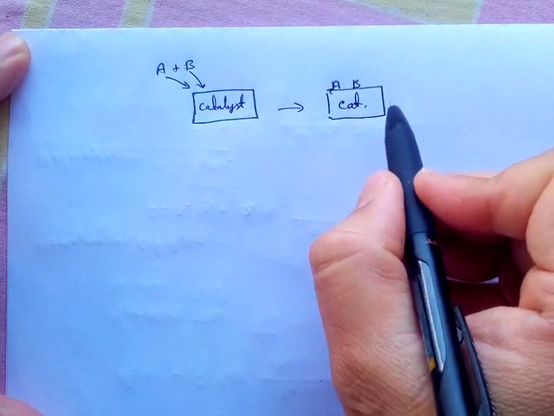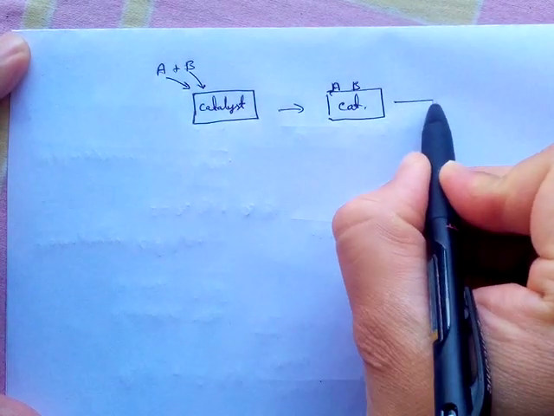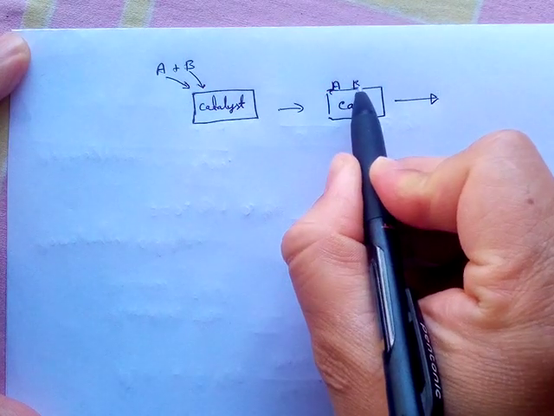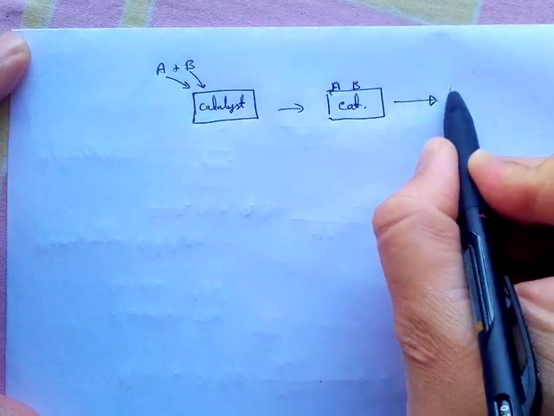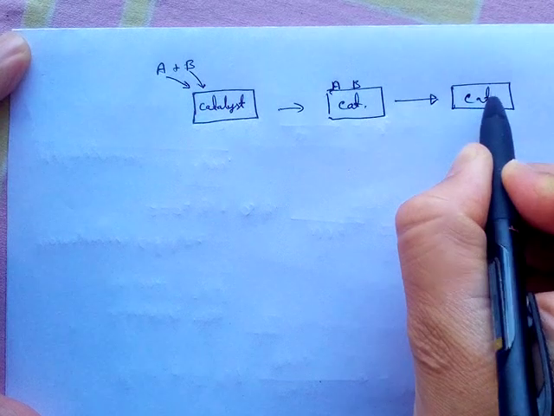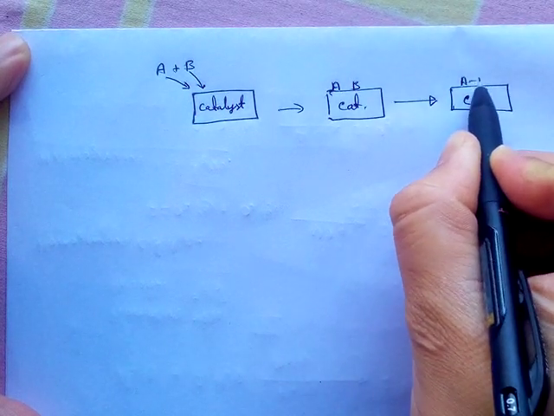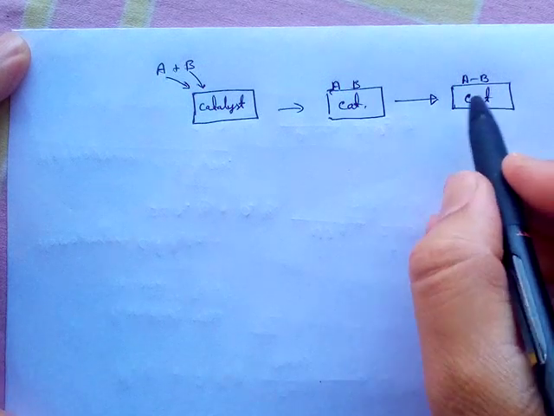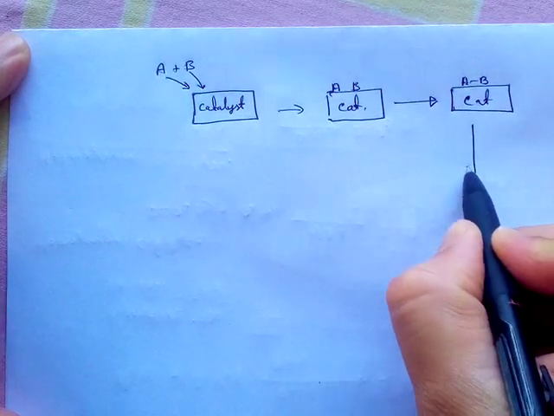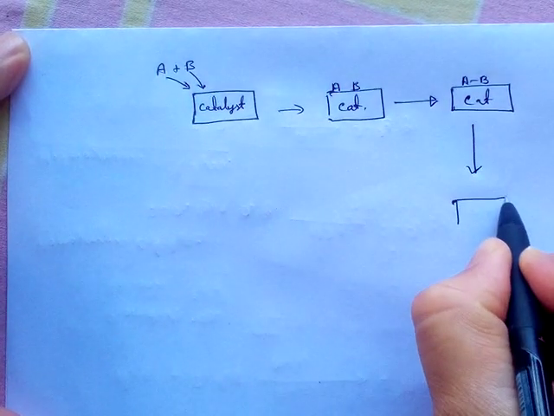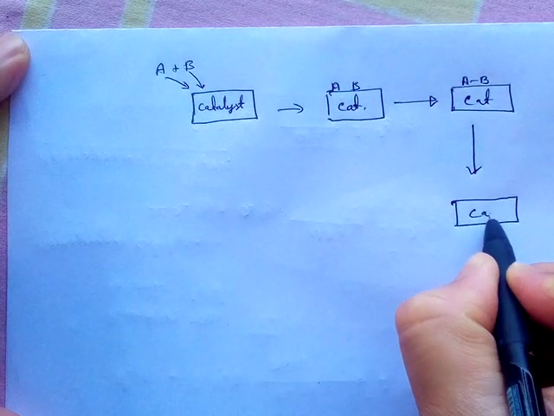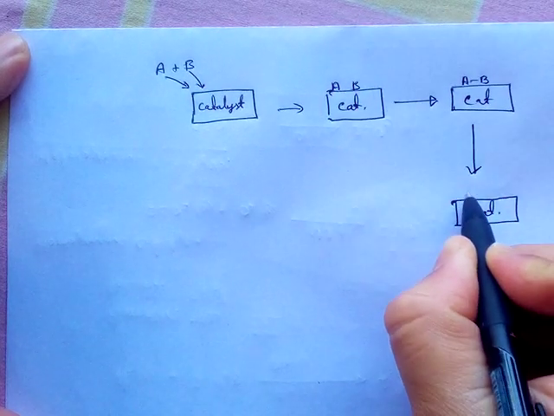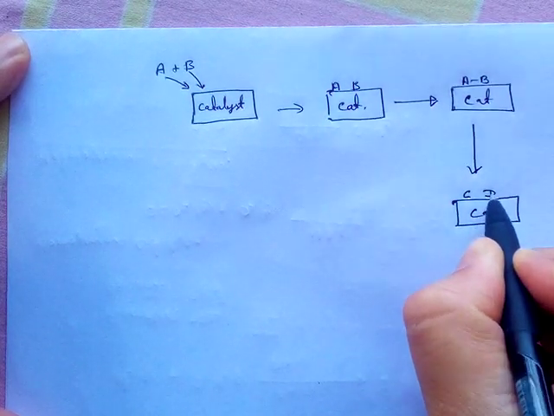Then the chemical reaction takes place between the reactants, A and B. Now the reaction is taking place. Then after the reaction, what we see is the formation of the products, C and D. Now the product has been formed.